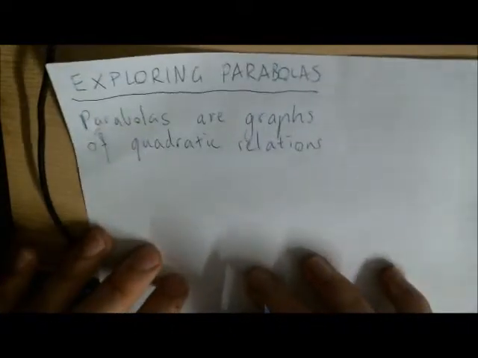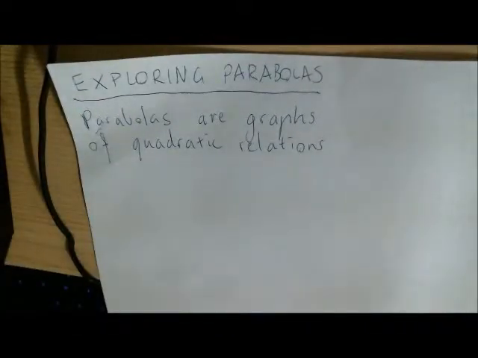So basically what we're going to be looking at today is how the graph changes depending on what kind of variables you add to the basic form of a y equals x squared graph.